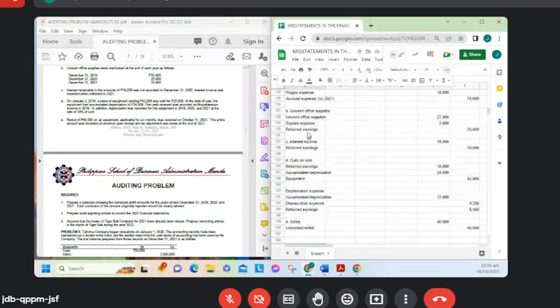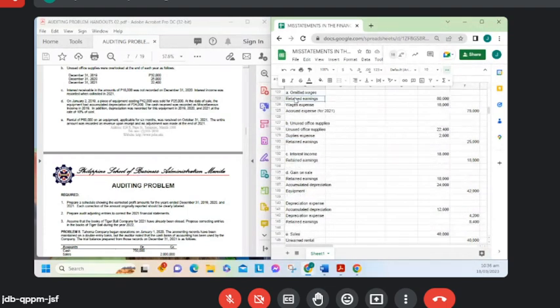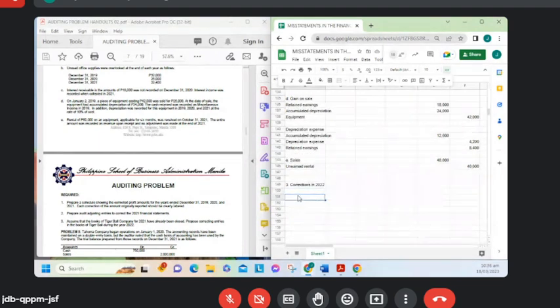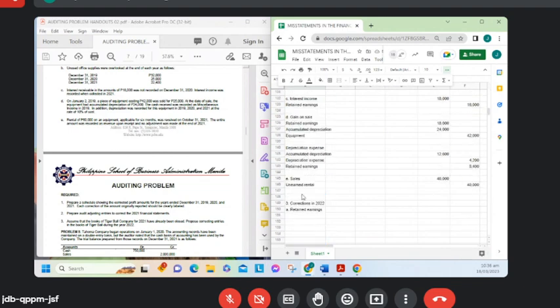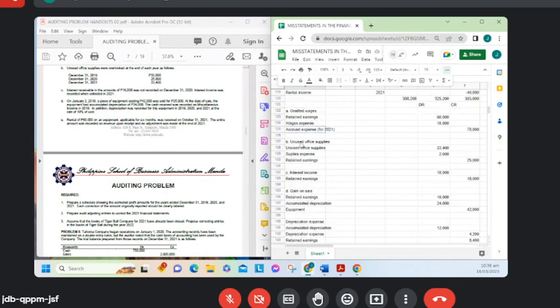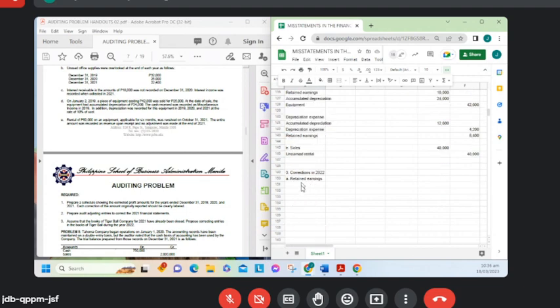Here we will just take the 78,000. So letter A, retained earnings and, accrued expenses, or no, wages expense for 2022.